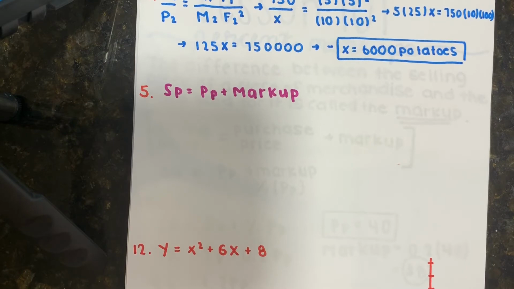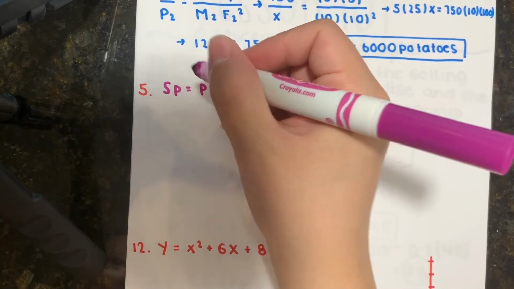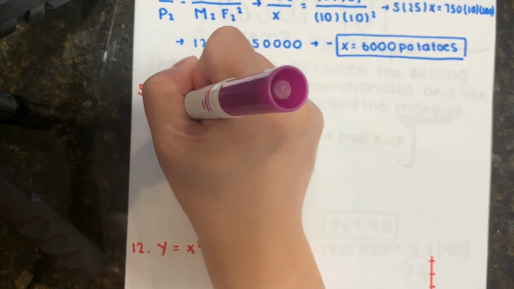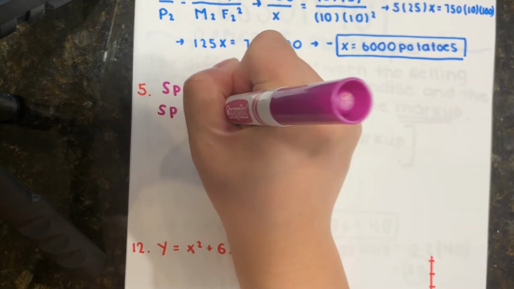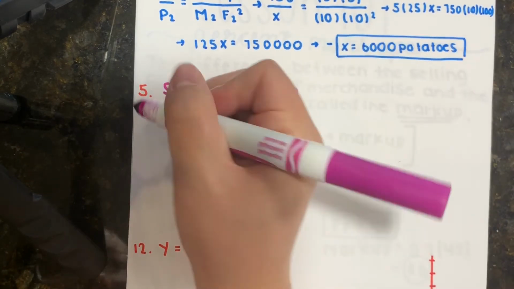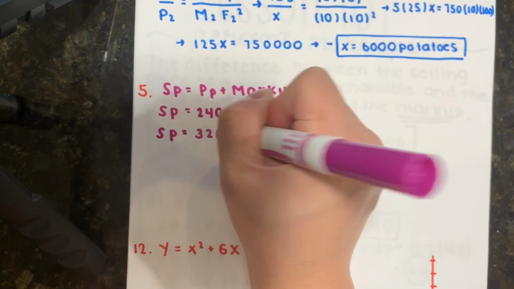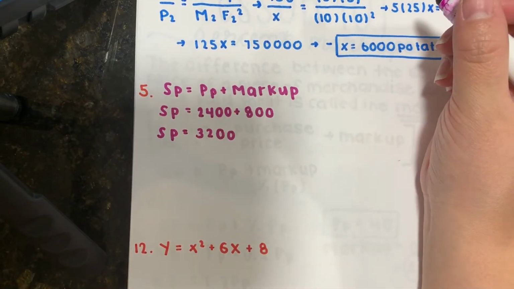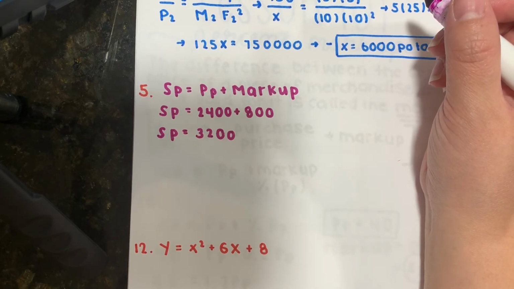So the markup was $800. What they give us is that if we write selling price equals purchase price, which is $2,400, plus the markup, which is $800, that would give us a selling price of $3,200. What they want to know is what was the markup as a percentage of selling price.